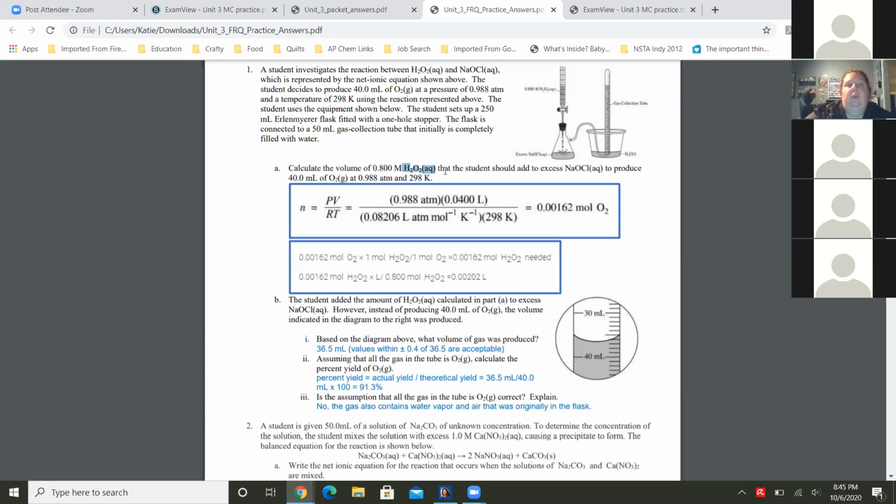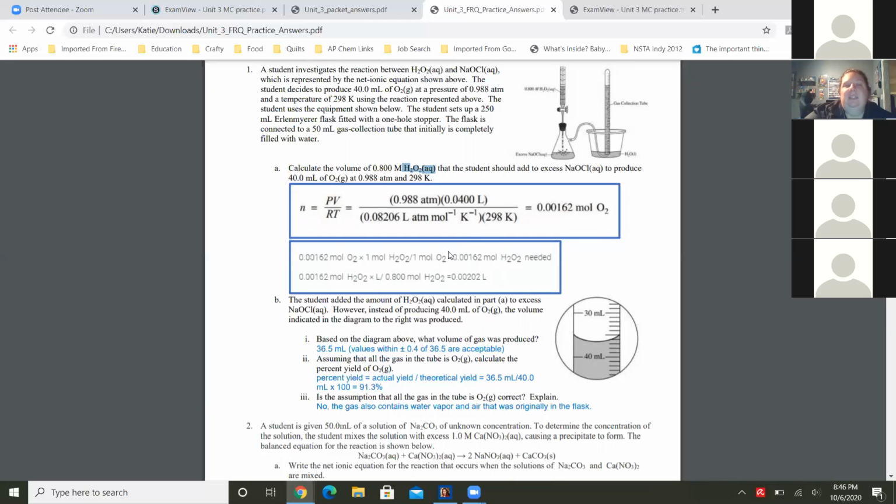Since we know the volume, the pressure, and the temperature of the oxygen gas, we can plug that into PV=nRT to find out how many moles of oxygen gas we have. And then we can use that moles of oxygen as the beginning point of our stoichiometry.